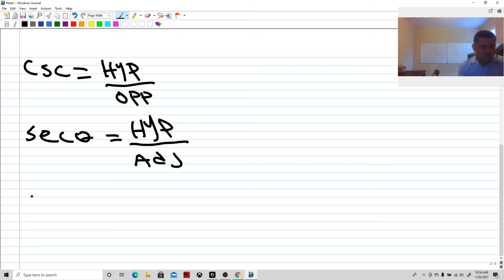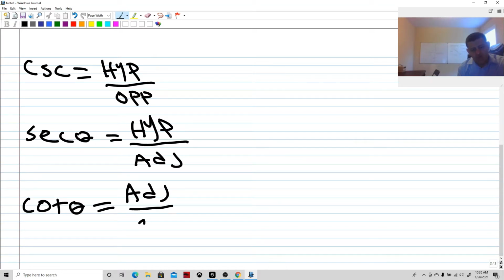The next one is cotangent of theta. Remember, tangent was opposite over adjacent, so cotangent is going to be adjacent over opposite.